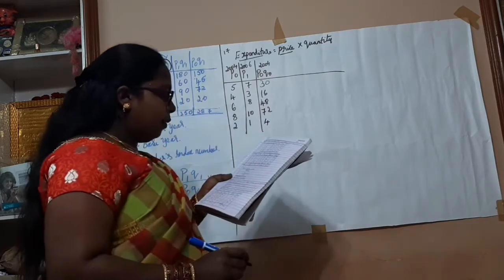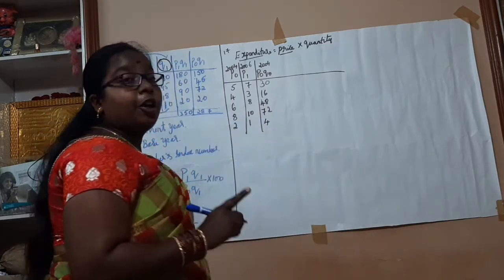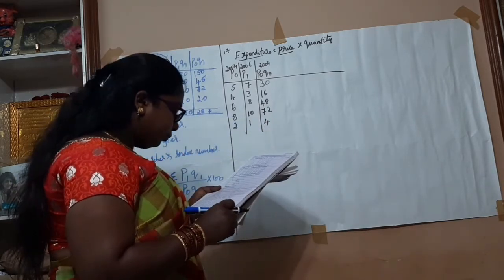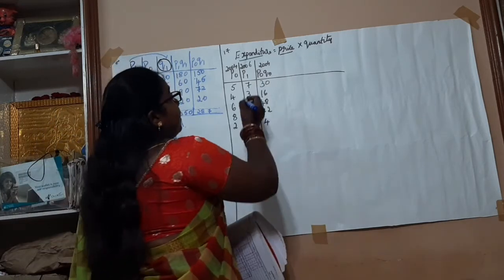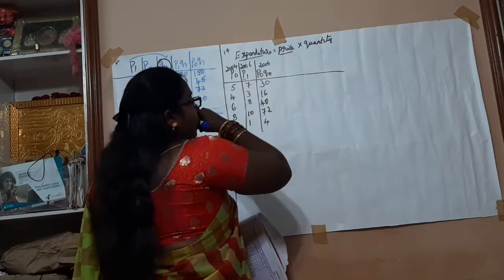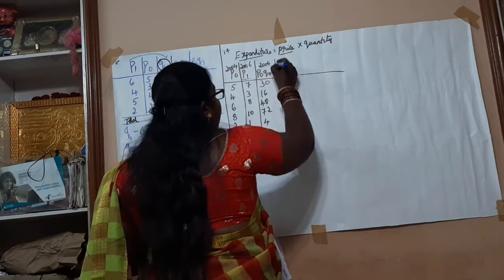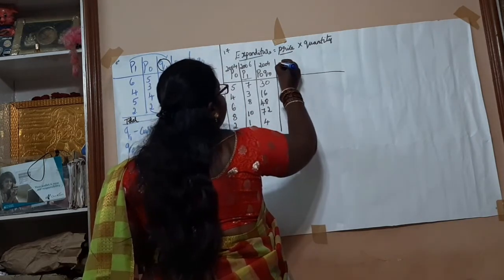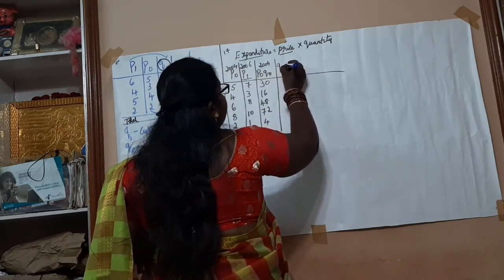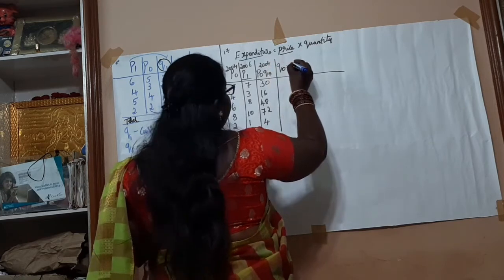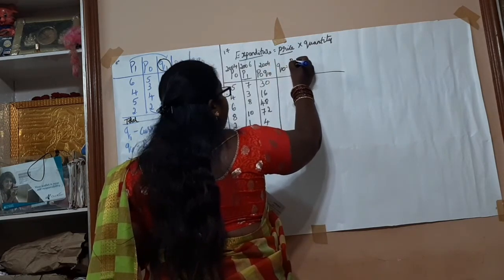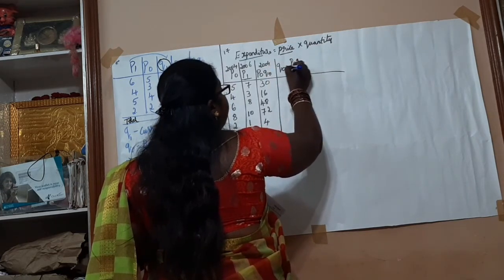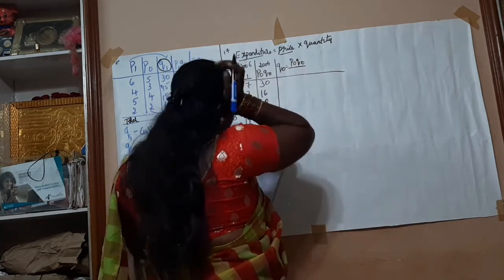So this is available. First we need to find out Q0, because we need to multiply with P1. Q0 is equal to P0 Q0 divided by P0.